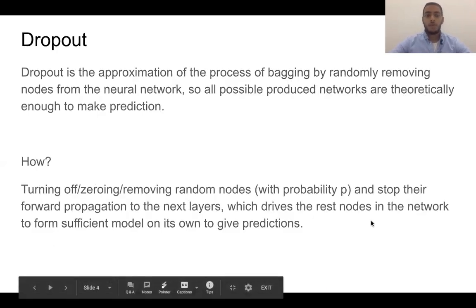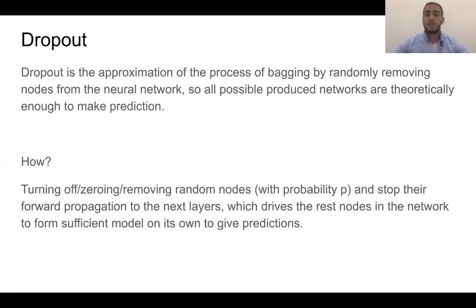So what is dropout? Dropout is basically an approximation of the process of bagging. So instead of learners, you have all the subnetworks of the network. What do I mean by subnetwork? A subnetwork is the result of removing, zeroing or turning off some neurons in the network randomly. So basically, you have a whole network.